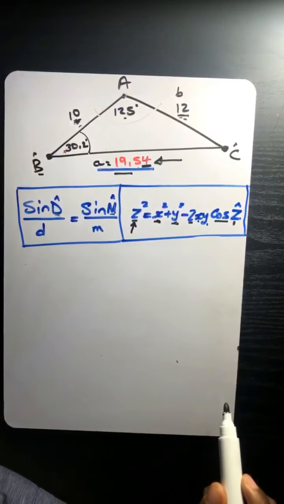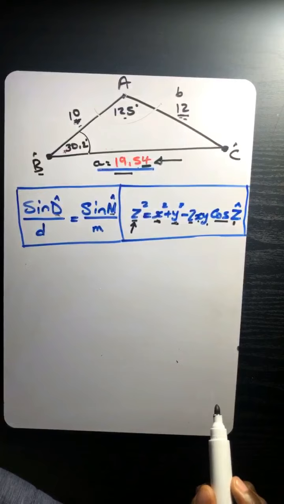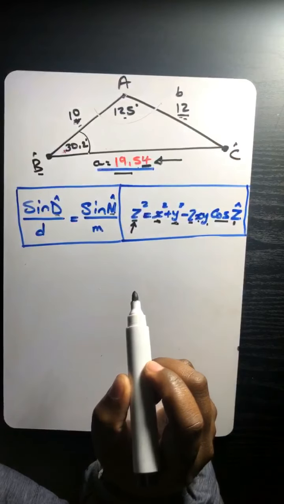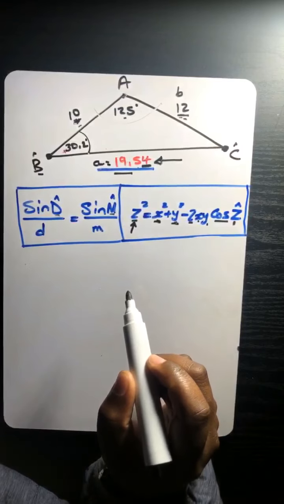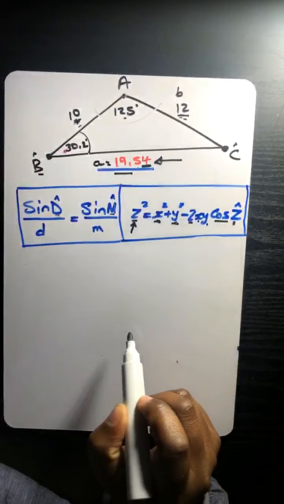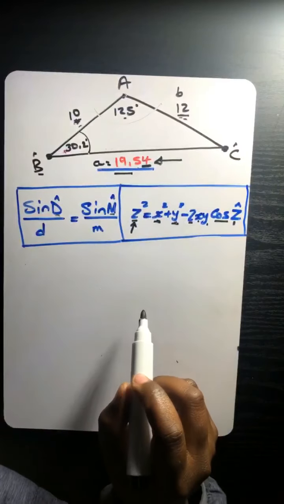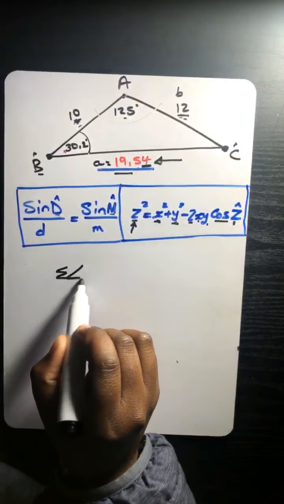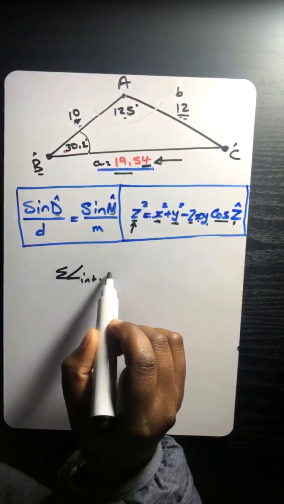So what I was about to say is that I've mentioned this so many times. So, just to be general so that everyone else can understand, we are therefore going to say the sum of interior angles is equal to 180 degrees.